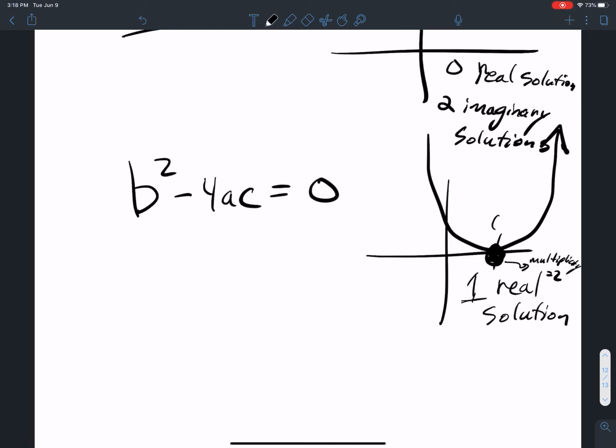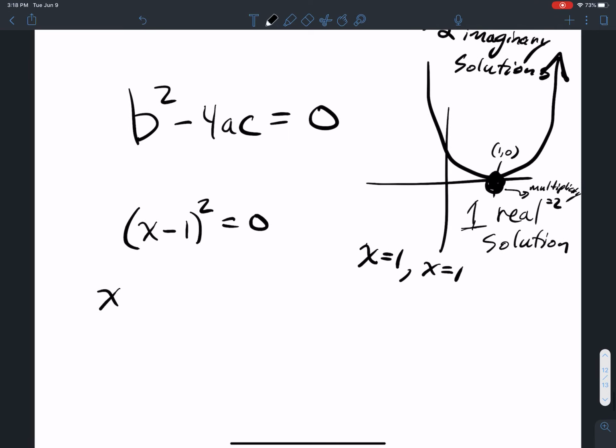If this is like 1, 0 for my solution right there, that's like saying x equals 1, x equals 1 for both of those. It would be like x minus 1 squared for this parabola, that's x squared minus 2x plus 1 equal to 0.